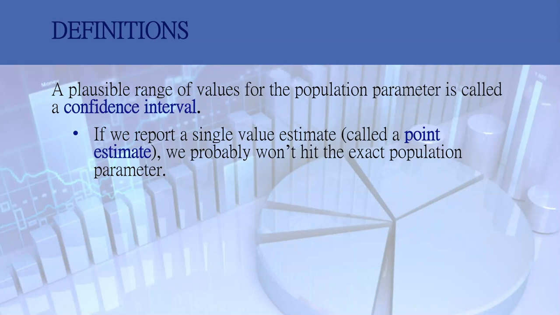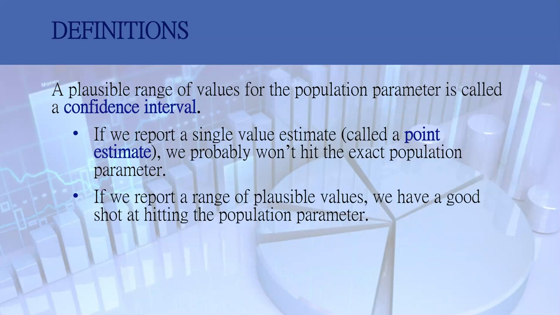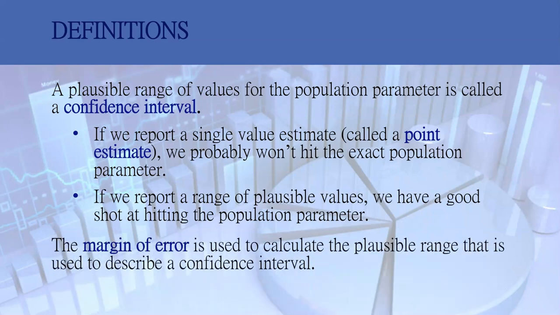You probably won't hit it exactly with the population parameter. But if you use a range of values, chances are whatever your sample statistics were, if you apply the range to the population, you'll have a better chance of actually hitting the real population parameter. The margin of error is what's used to calculate this range.